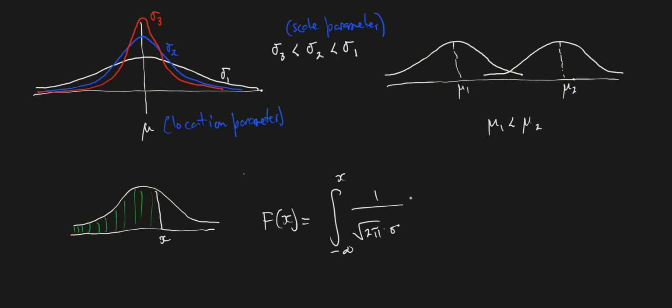And if you wanted to write the e in the standard way, it would be e to the negative quantity x minus mu squared over 2 sigma squared, with respect to t. In fact, I need to change this to t, my placeholder variable there, and we would have to integrate this.